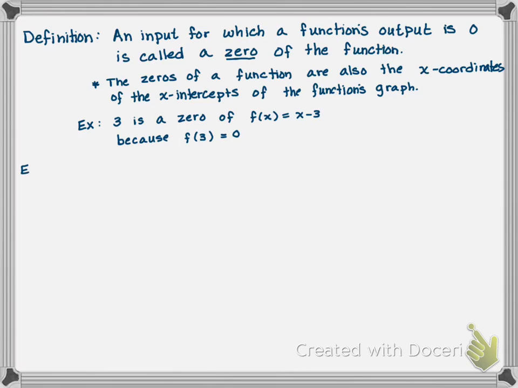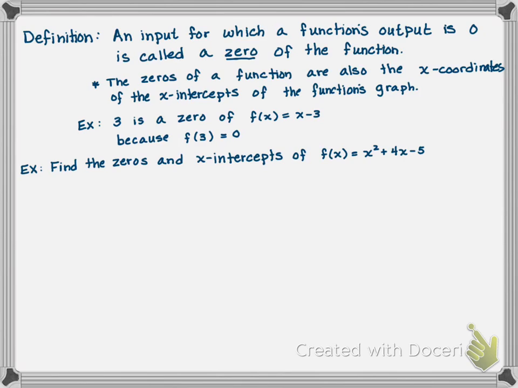So let's find the zeros and the x-intercepts of f of x equals x squared plus 4x minus 5. So like I said, we find the zeros and x-intercepts starting the same exact way.